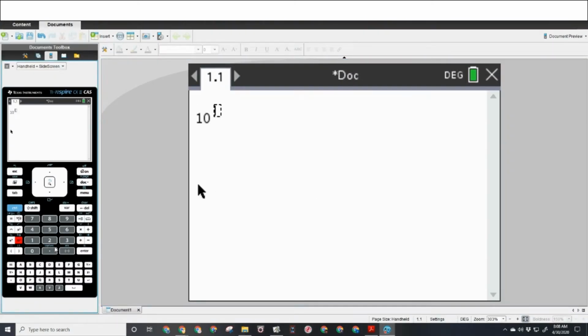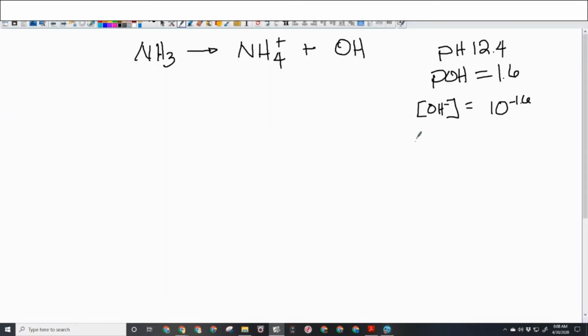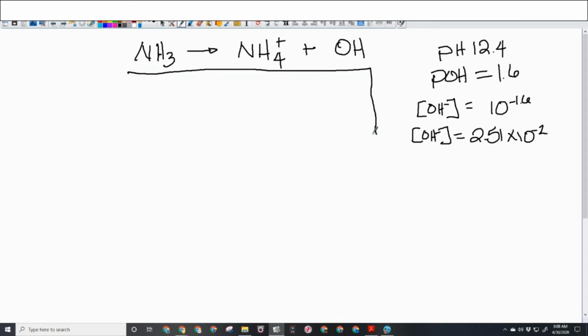So 10 to the negative 1.6 is going to give us 2.51 times 10 to the negative 2. Okay, since this is a weak base, we have to do an ICE chart.